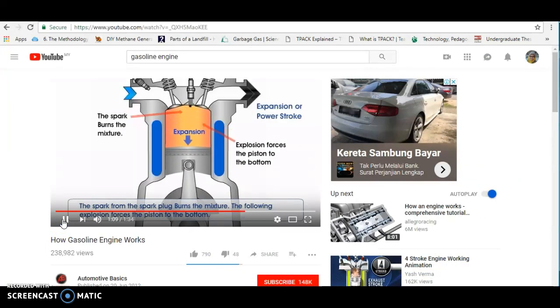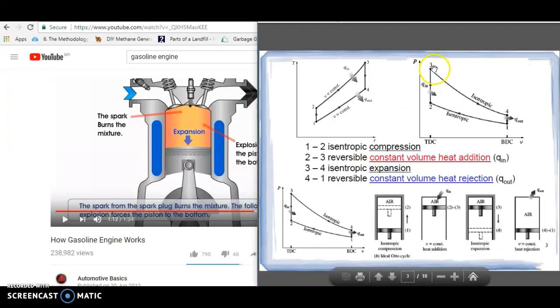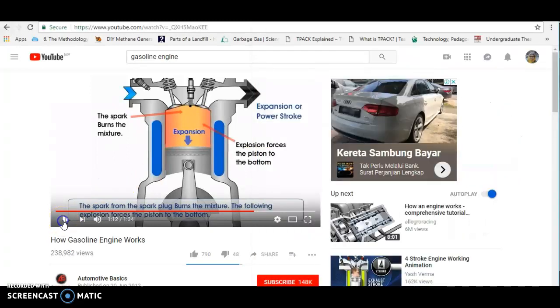Right, so once your fuel and air explode and the burning is happening, now it will expand, right? This is your fuel and air already fully combusted, so now it's going to expand here. Okay, and finally is the exhaust process.